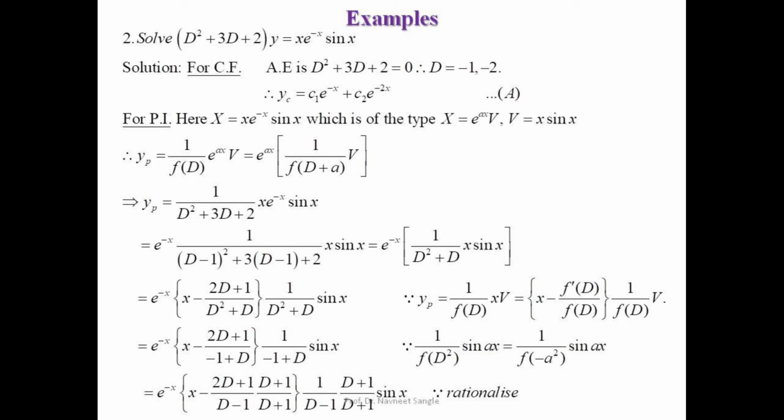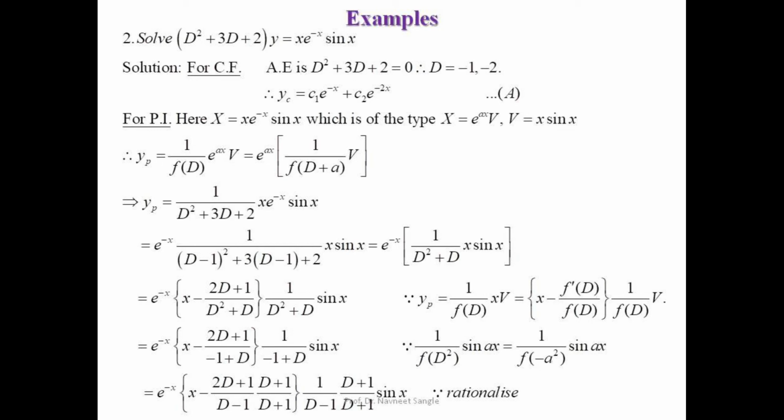According to the formula for sine of ax or cos of ax, we require a D square term in the denominator. If we observe the inside bracket term and the outside bracket term, we get only a single D term in the denominator. So if we rationalize this term, then after rationalizing we get a D square term in the numerator.